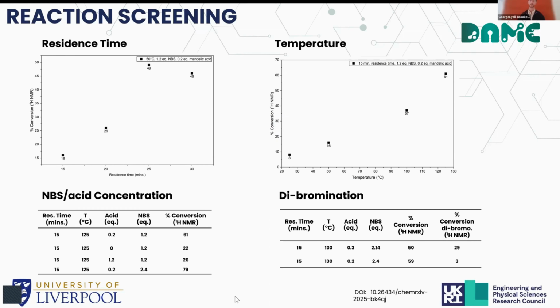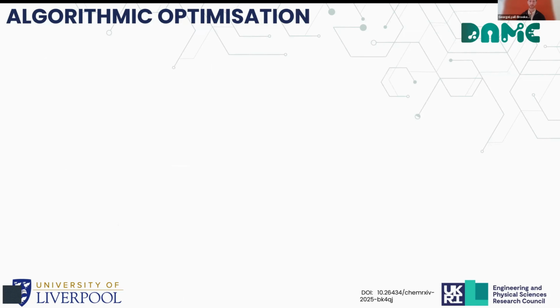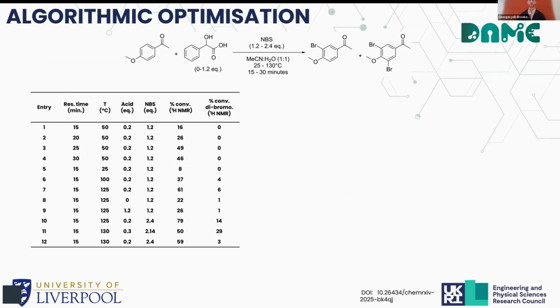You can see here the top conditions, 15 minutes residence time at 130 degrees, with 0.3 and 2.14 equivalents of acid and MBS, where we got 29% of the dibrominated species. This data could then be used to help guide our algorithmic optimization.